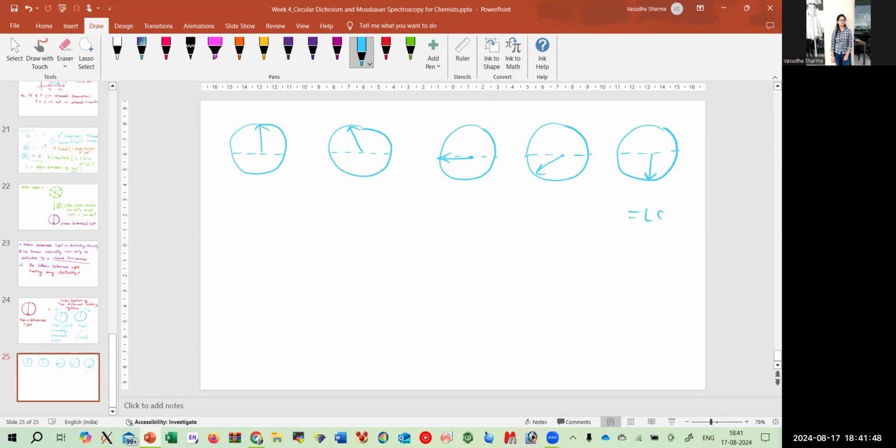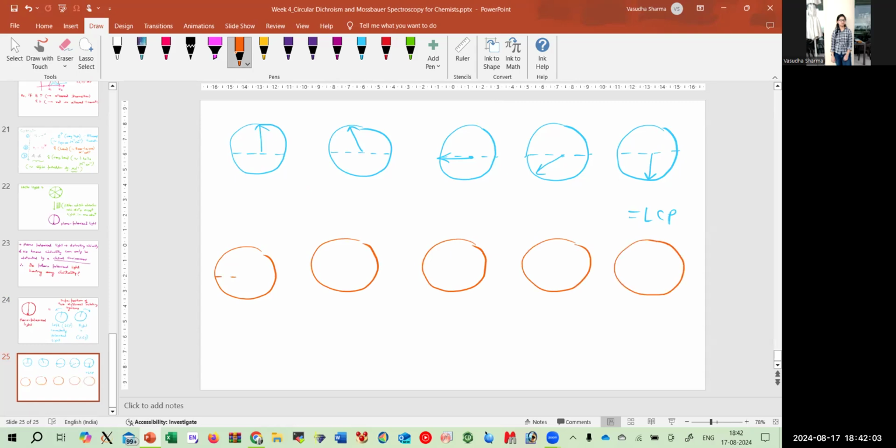So this is your LCP motion, whereas the other one started first here, then here, then here, then here, then here.